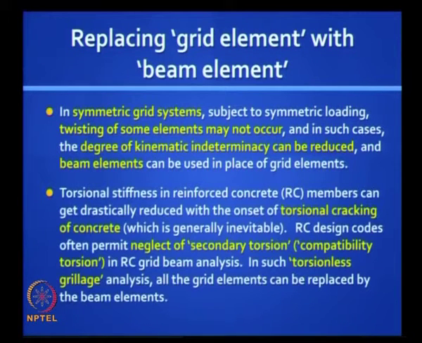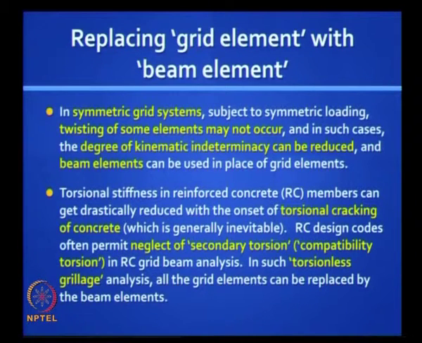In reinforced concrete, torsional stiffness can get drastically reduced with the onset of torsional cracking, which is generally inevitable. RC design codes often permit the neglect of secondary torsion or compatibility torsion, which is different from primary torsion. There are some torsions you can't avoid, because to satisfy equilibrium you have to have them, but in grids you do not have those instances.